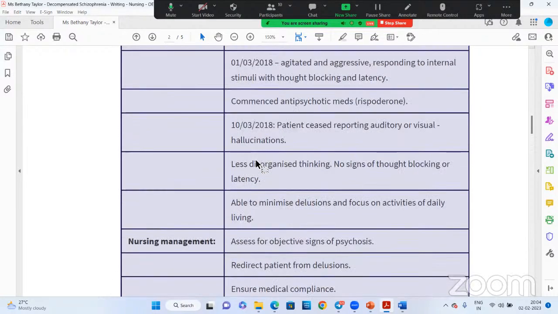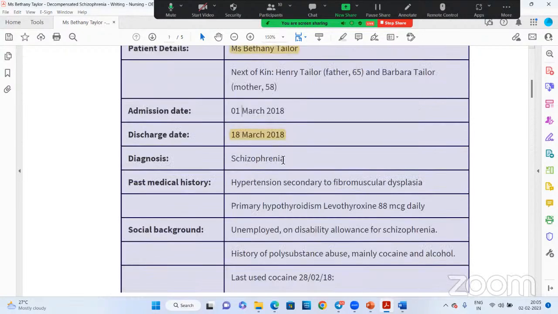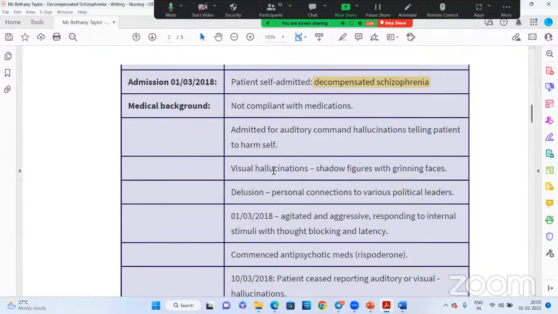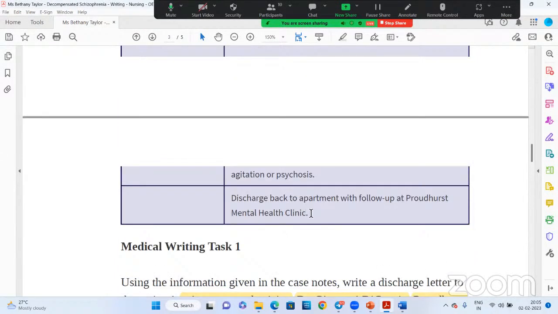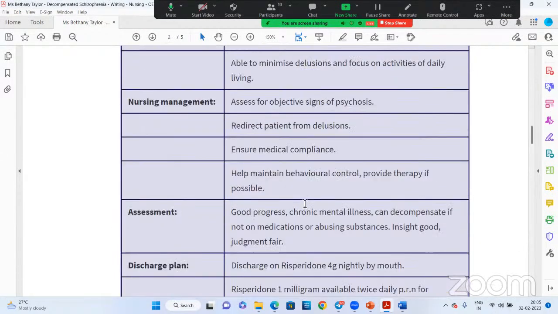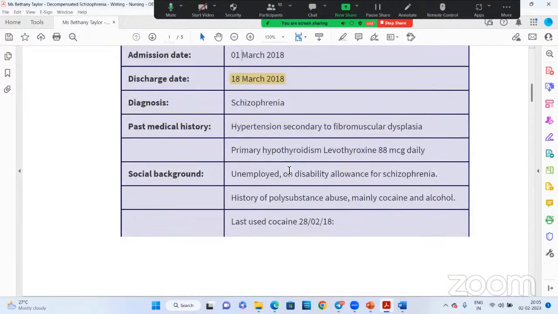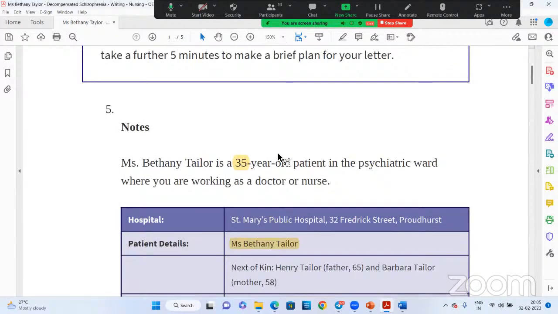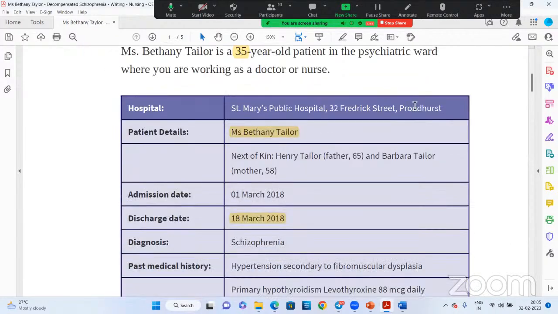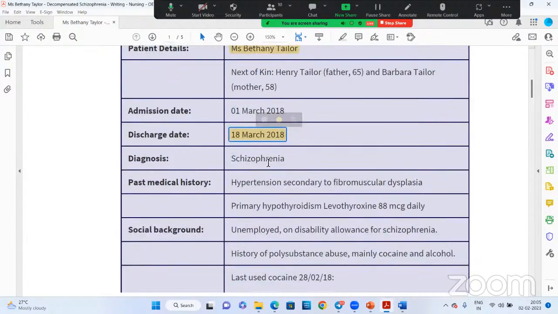Date of birth. Date of birth is not given here. Just check very carefully once again how things may be missed. Okay. So starting from here, this is admission date. This is discharge date.